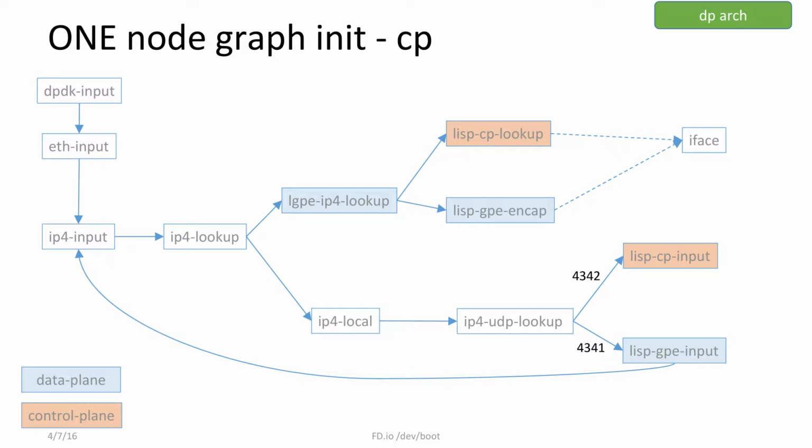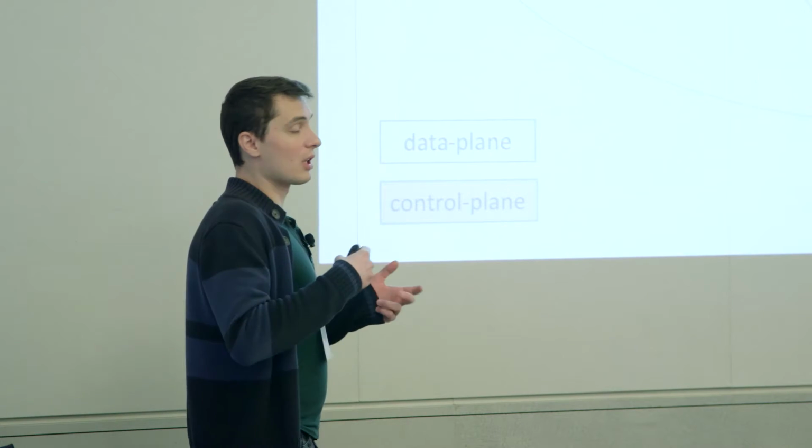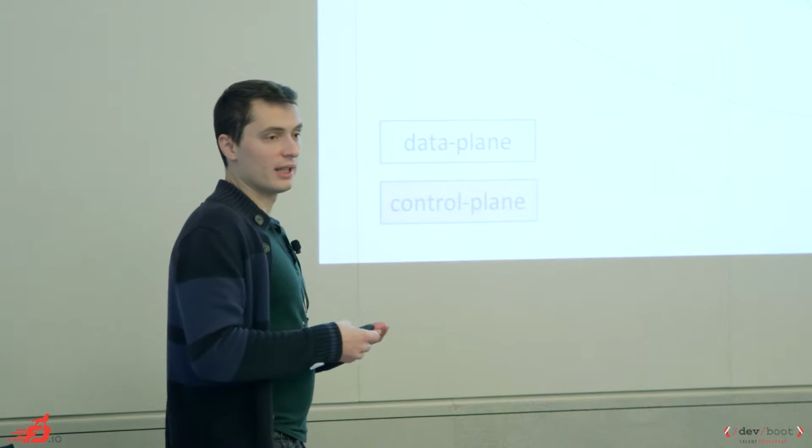Now, this would be the data path. The other part that's important is the control path. In terms of the control plane, for all intents and purposes, we have two important nodes. One would be the control plane lookup node, which generally will receive traffic if somehow in the lookup stage we don't manage to find anything.